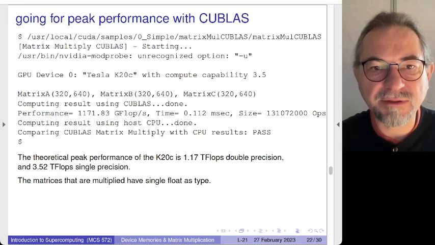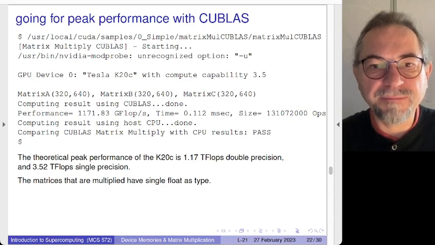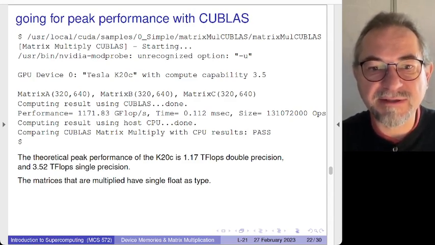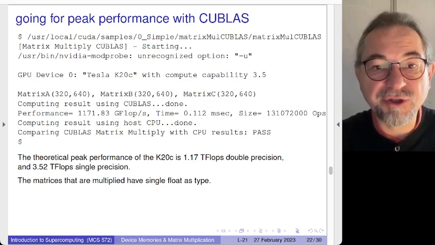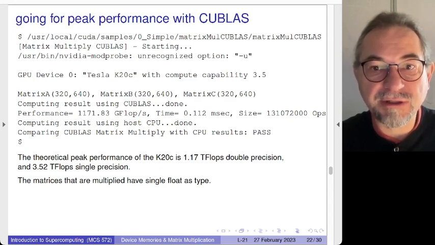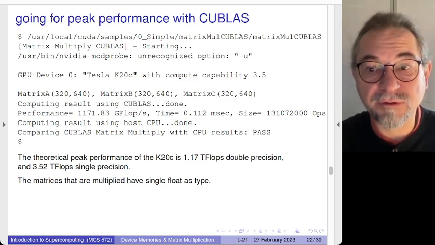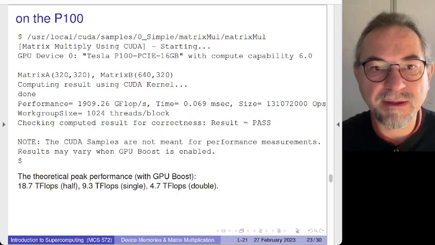So let's continue. If we go actually with CUDA BLAS, and I think this is still single precision, you actually do get 1 teraflop of performance, which is really good. Still for relatively small matrices.